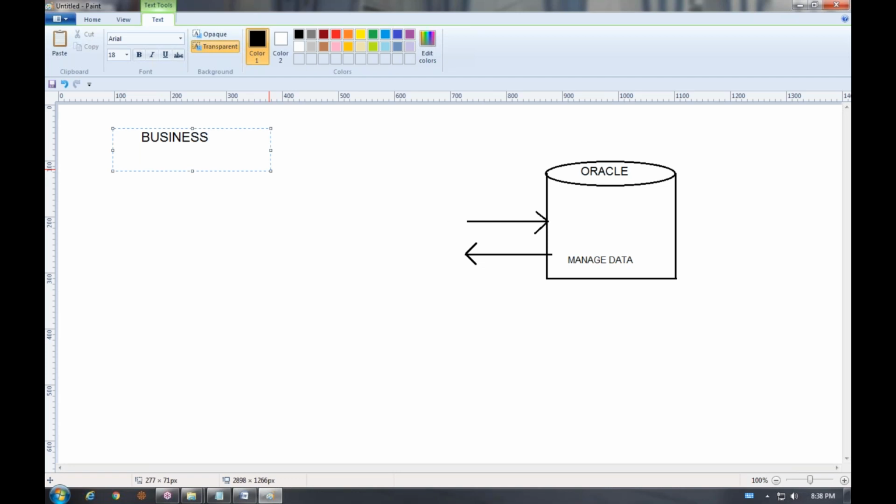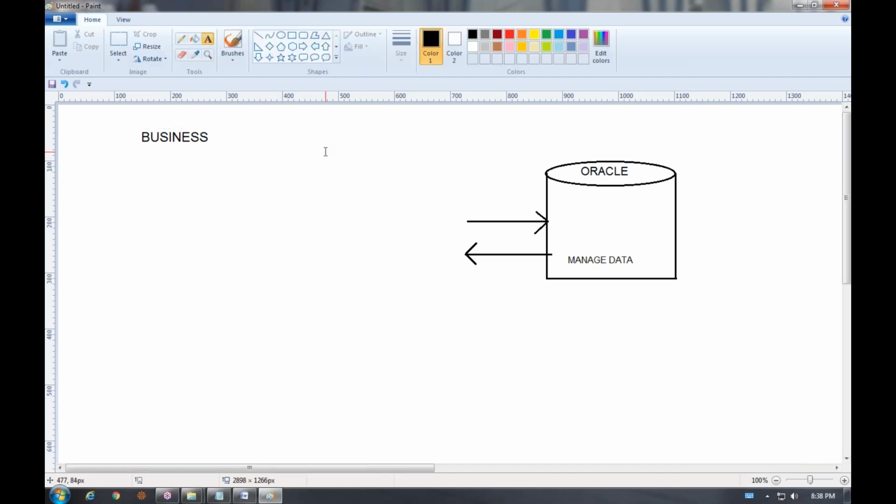Booked. Yes, payment completed, booked. Then the 5 seats are not available to others because those 5 seats are filled. So in your database server, the changes are happening. So what is a business? From business, the data is coming.